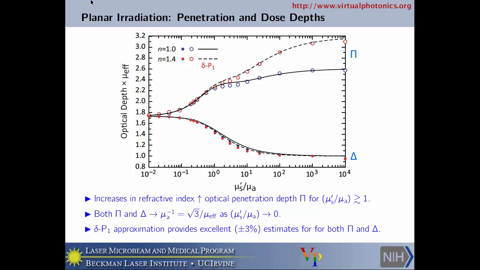Okay, so for this scalar metric of penetration depth, it does very well. You'll find, and we'll see it in a little bit, that this is a case where you have large beams. As you reduce the size of your beam, you'll start to see that delta P1 starts to have problems. And is that where you need a higher order approximation? You need higher order approximations.